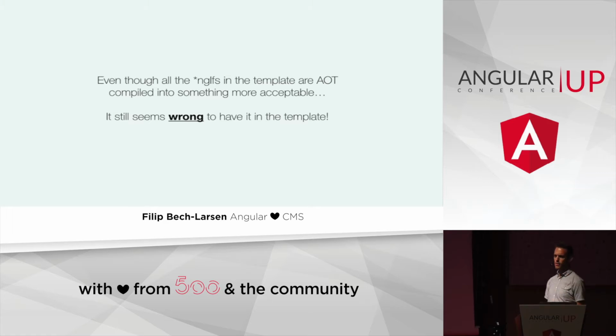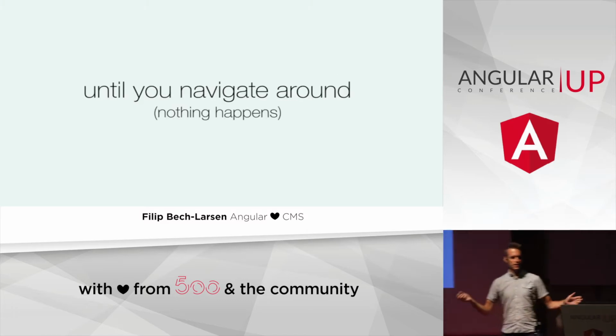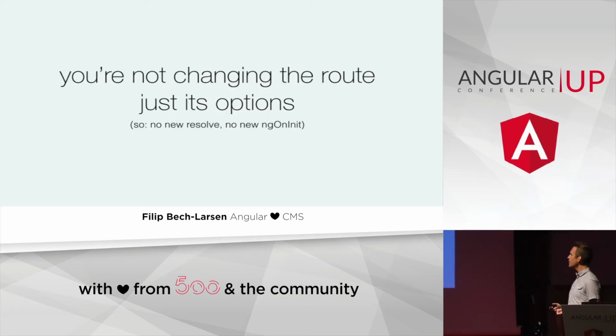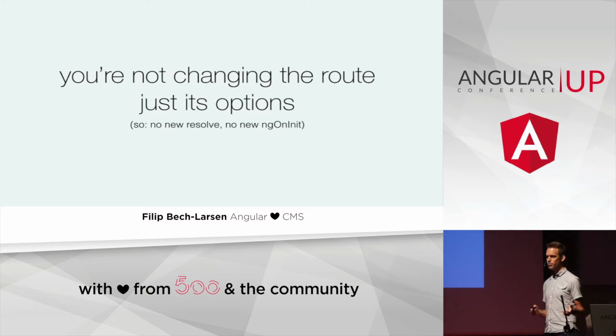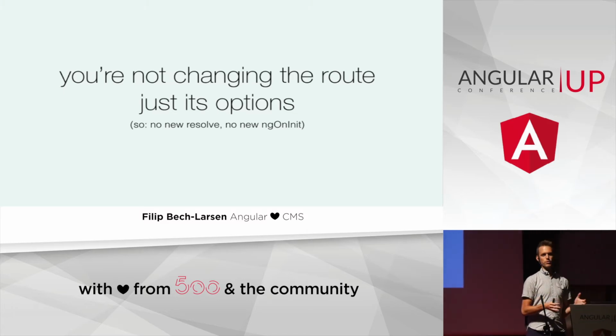It seems kind of wrong to do it this way, but it works for now. Until you start clicking around, but then it turns out that nothing happens. Because you're not really changing the route, you're just changing the option. Because now we're back at the problem where we're using the same route every time.